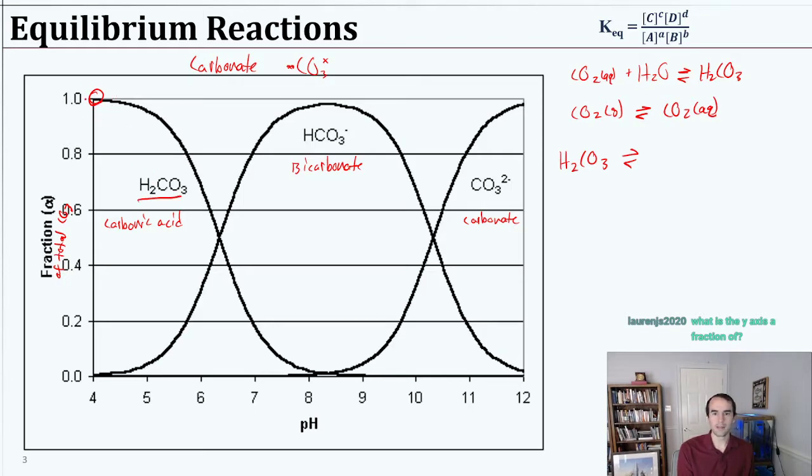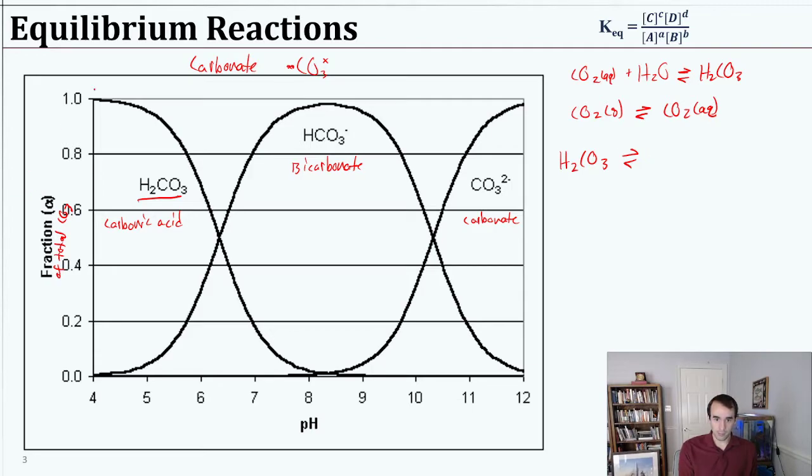So if we track this line, then at some point right here, approximately half of the carbonate in the system is H2CO3. We can also take a look over here with the bicarbonate. Maybe 0.97, so 97% of all of the carbonate is in the bicarbonate form. So that's a great question, and what we're looking at is tracking that over pH.